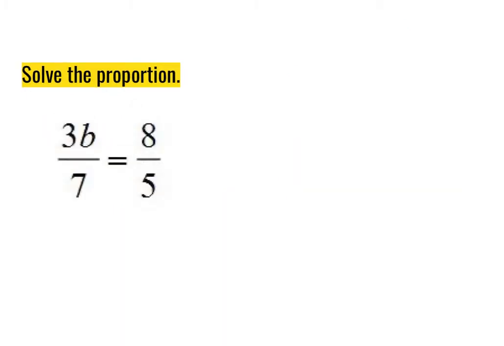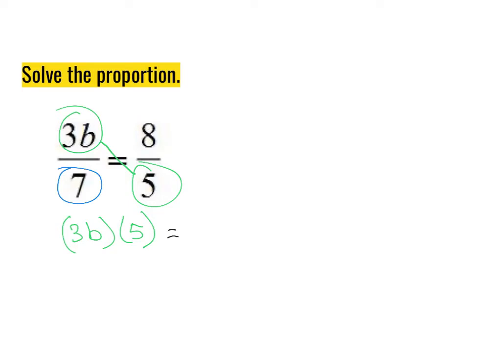So here I want to solve the proportion again, and I do have two ratios set equal to each other. So I will cross multiply, and it doesn't matter what's on the numerator, what's on the denominator. We can cross multiply. So 3b times 5 equals, and then 7 times 8.